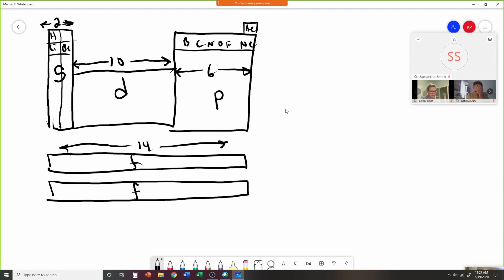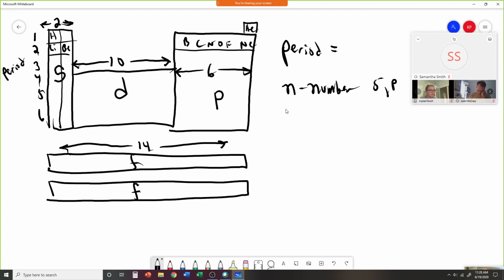Now, if you look, these go rows, 3, 4, 5, 6. And these are, of course, the periods. You have row 1, row 2, row 3, row 4, row 5, row 6, row 7. And it turns out the period equals the n number for the S's and P's.